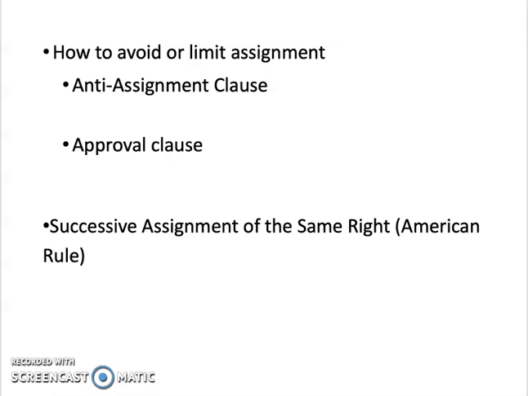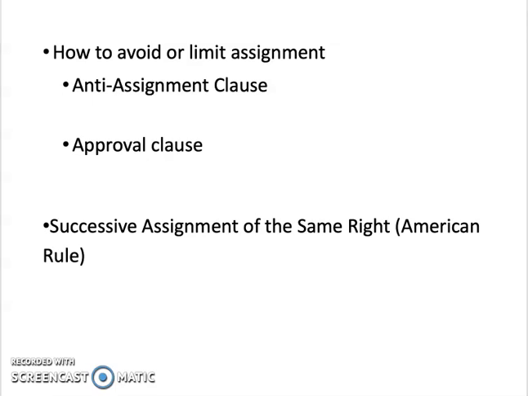So basically, what you're responsible for knowing is the American rule that's at the top of page 163 that provides the first assignment in time prevails regardless of notice. So what that means is Joe would have the superior right, so to speak, to enforce the contract because his was the first assignment. Lucy was the second assignment.